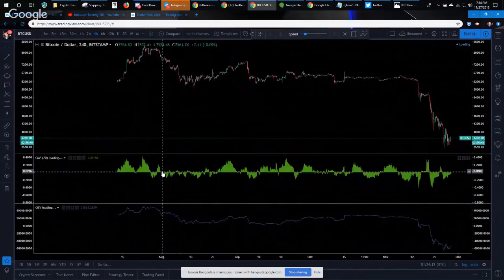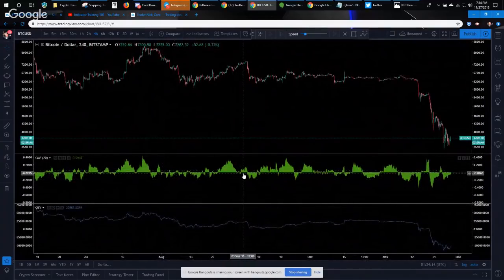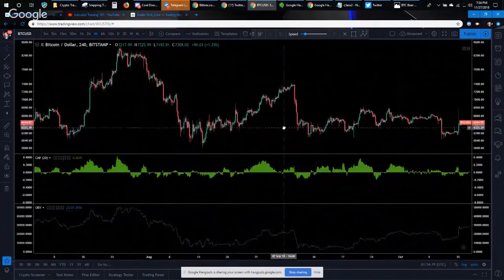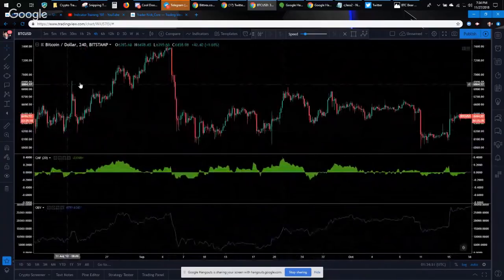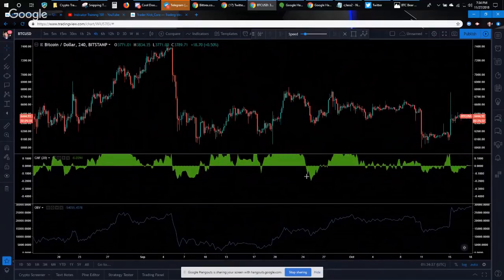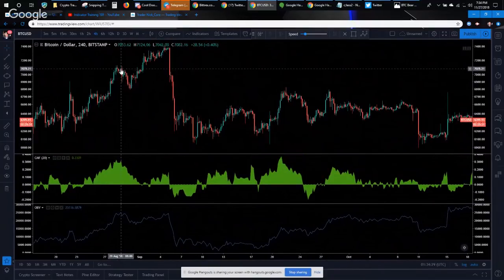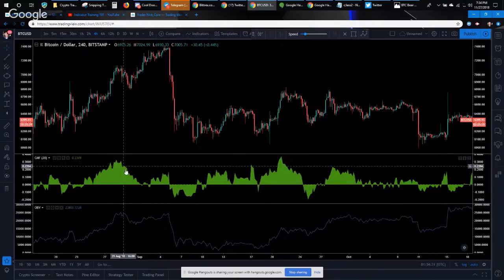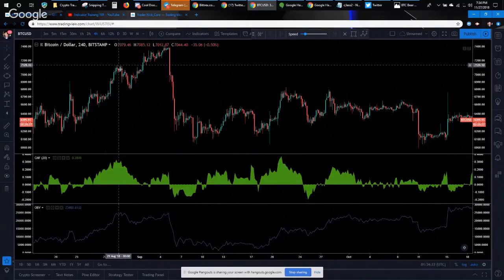Market didn't really move. Let's find a good example of where we were seeing, okay, right here. So here's a strange example, right? We had built up quite a bit of pressure on the CMF here. Market was making really good, it was confluent. It started to drop down to this median line as we corrected.